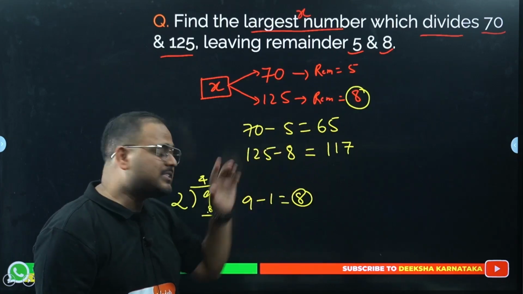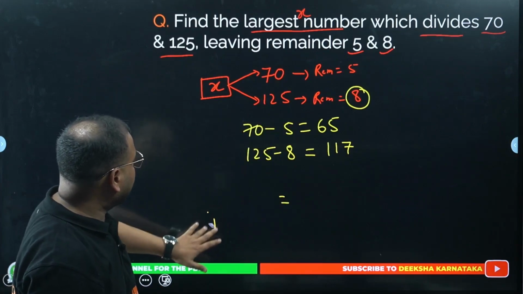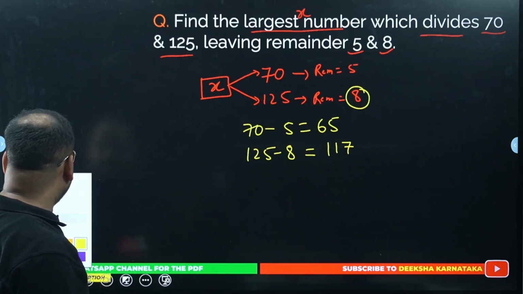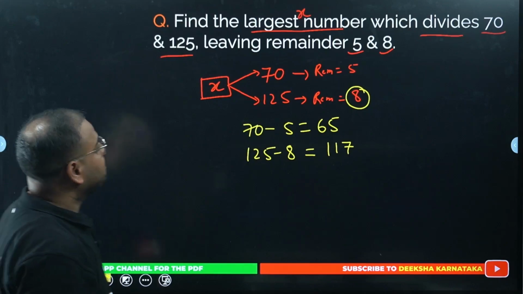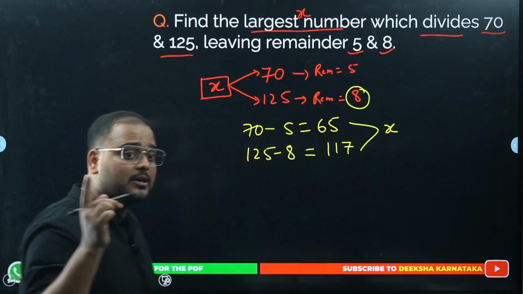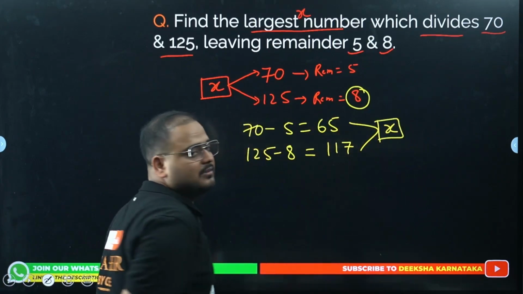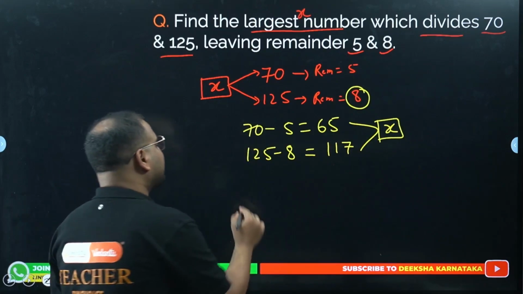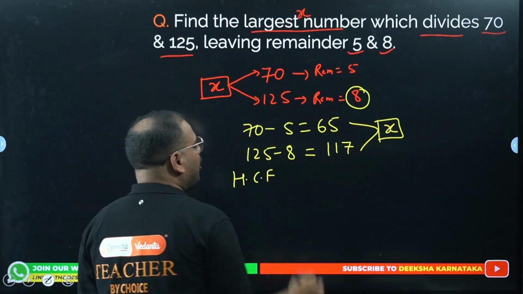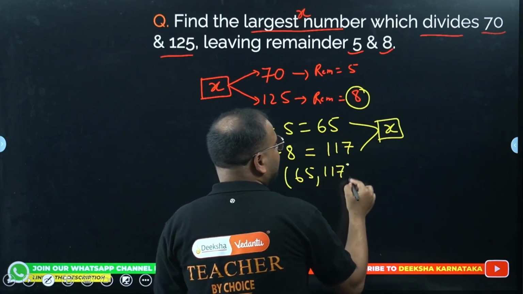So it means what? It means what, sir? That the numbers 65 and 117 must be divisible by x now. And x is what? The largest number that divides both 65 and 117. What is it called? Arey, highest common factor, right? HCF of 65 and 117. We did it right now.